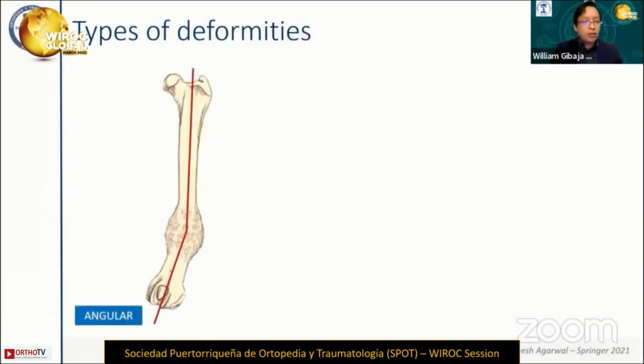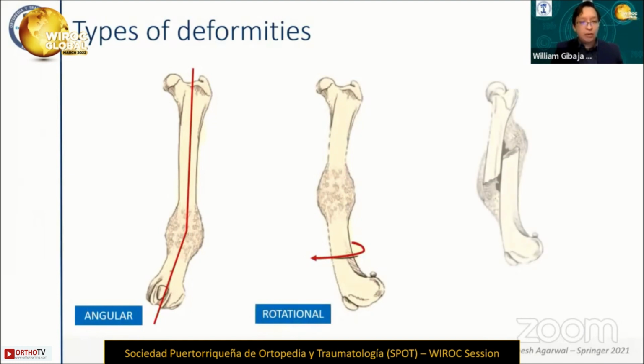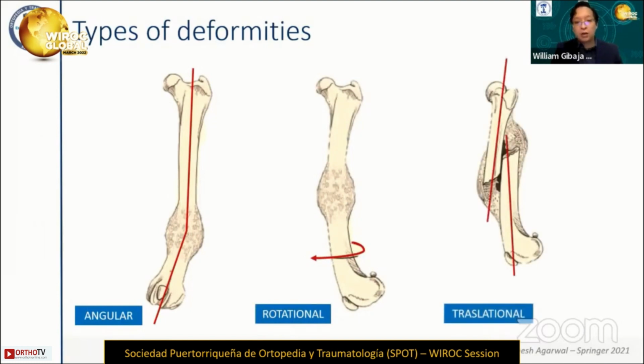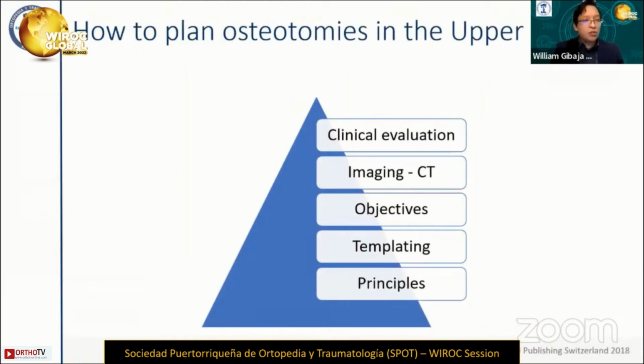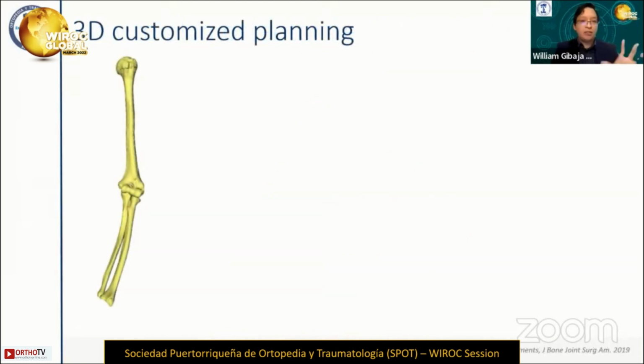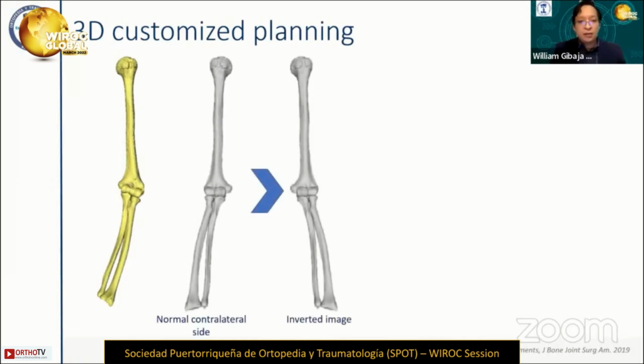For instance, when we want to work on osteotomies for malunions, we know that there are deformities that can be either angular, rotational, or translational. Even though they are three-dimensional, we don't have the tools that are available in maybe other places to plan the surgery. For instance, this is a 3D customized planning where they reproduce with the CT scan the reconstruction of the contralateral side.